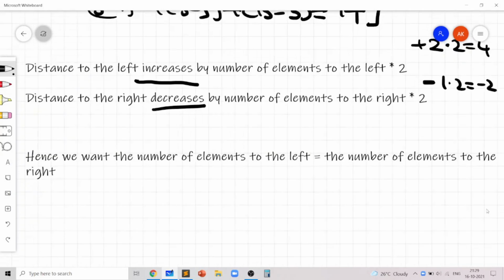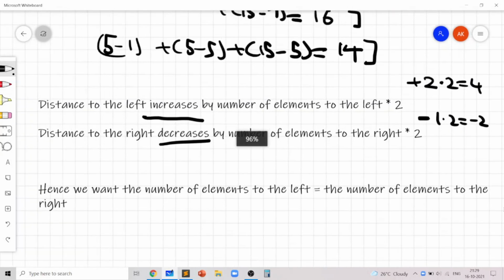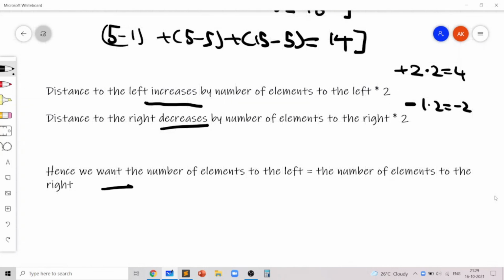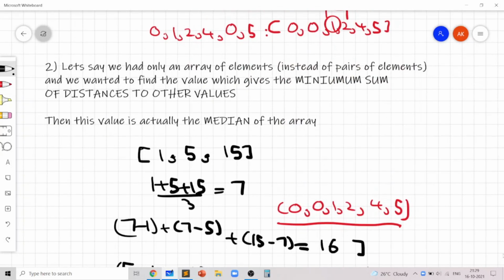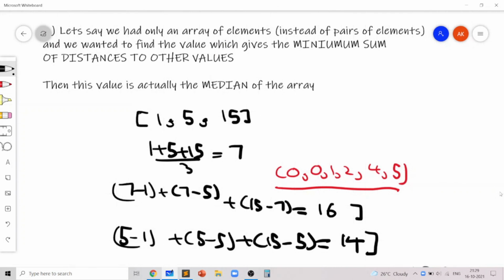And the particular integer which gives the number of elements to the left equal to the number of elements to the right is the exact definition of the median. That's exactly why the median is going to minimize the sum of absolute values. So that's what happens when we have an array of single elements. You can verify that even in this case, when we take the median, which is 1, or if we take 2, then it also minimizes the sum of absolute values.